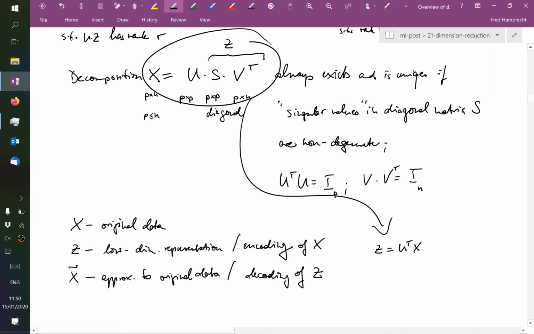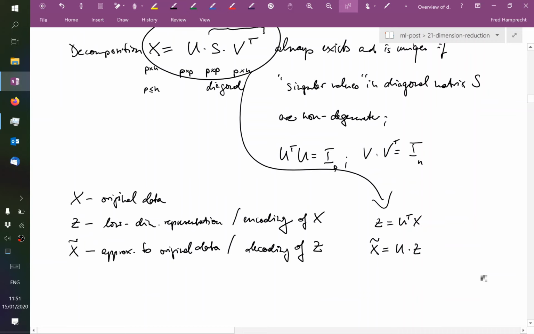All right, so Z equals U transpose X. And then the decoding, X tilde, I obtain by multiplying U with Z. So what we can say is that our encoding in PCA is a linear operation, and my decoding is also a linear operation.